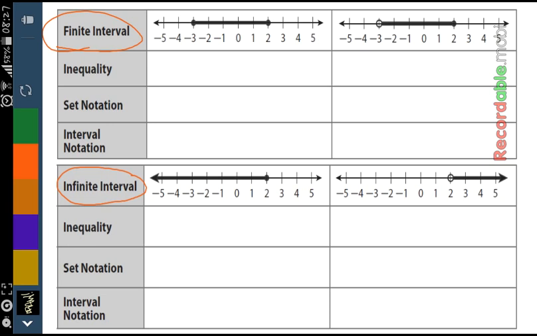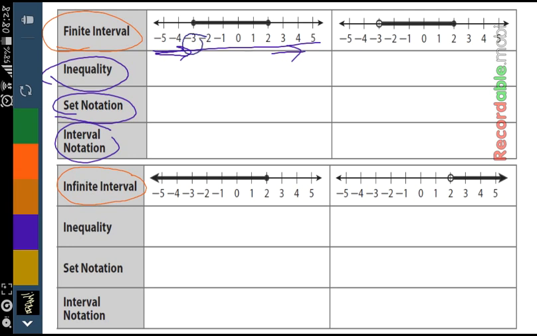So let's see how we can represent these types of intervals using three different styles of writing. The first style is inequality, while the second is set notation, and the third is interval notation. For example, this one: if we are going from the left to the right, the first point that we will find is -3.